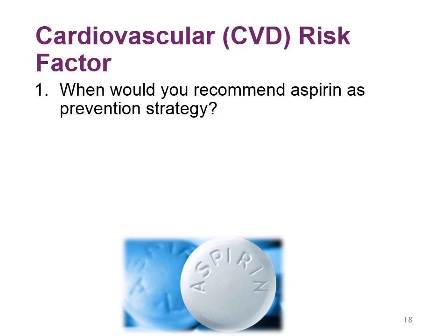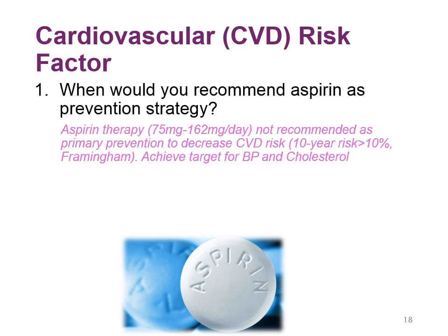Okay, under SIMPLER for R, cardiovascular disease risk factor. Number one, when would you recommend aspirin as a prevention strategy? Again, refer to the SIMPLER tool under R. Aspirin therapy is not recommended as primary prevention to decrease cardiovascular disease risk.